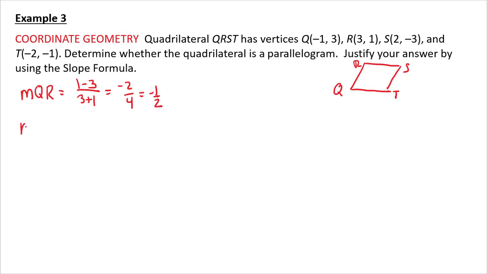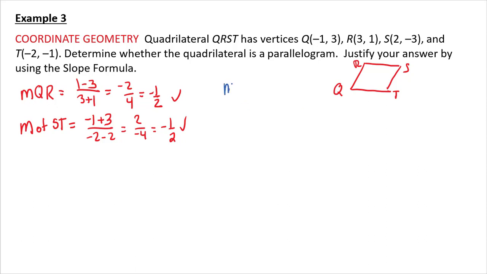That should be equal to the slope of ST. And maybe this is bad notation, I should say slope of ST, because it looks like measure of ST. So I have negative 1 plus a negative 3 over a negative 2 minus 2. So I have a 2 over a negative 4. So one pair is congruent. Now I need to find the other pair.